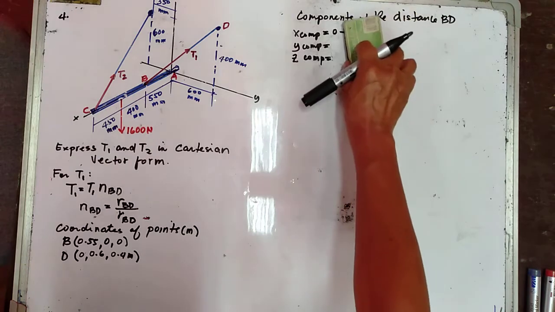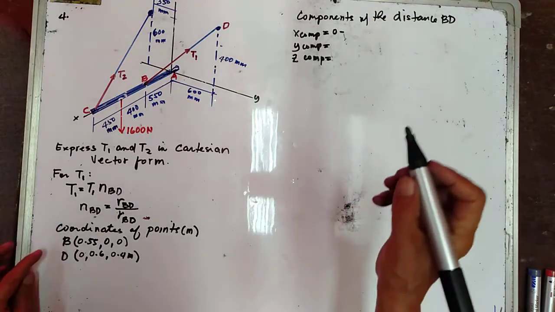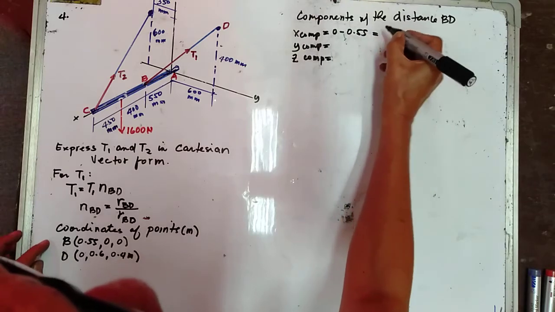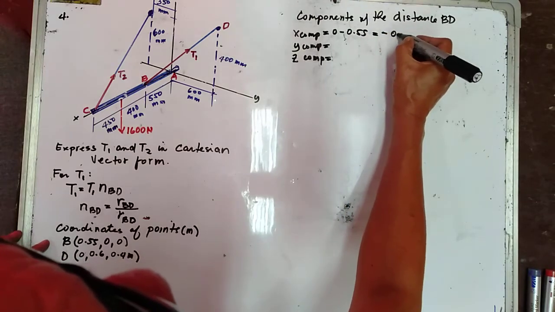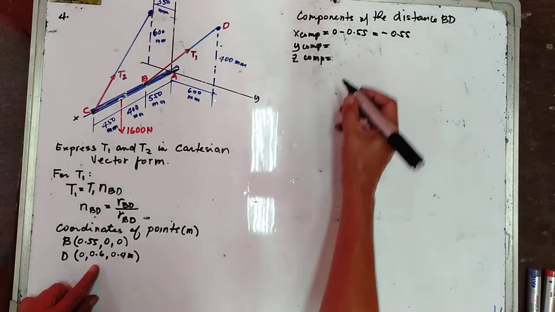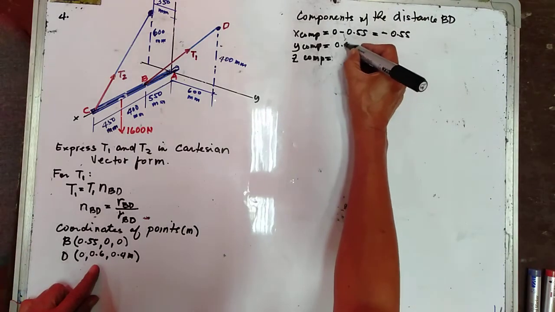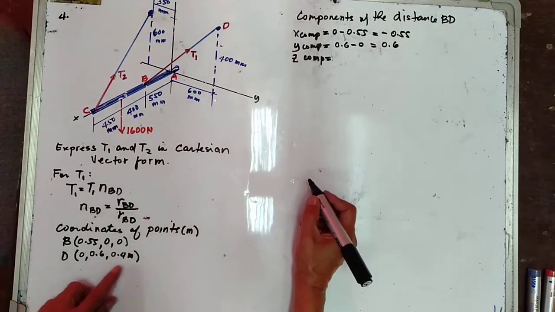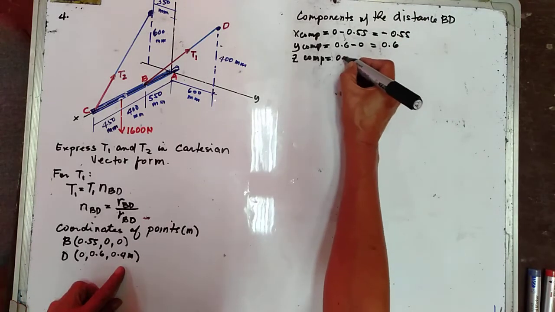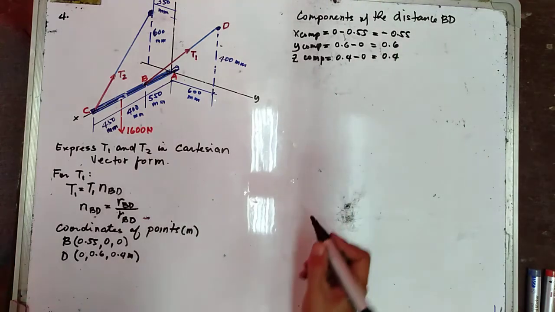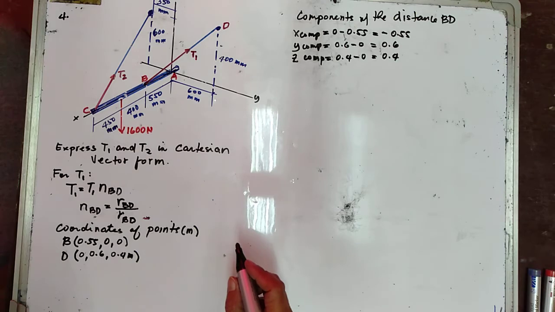Then 0 minus 0.55, so that is negative 0.55. And then we have 0.6 minus 0, so that is 0.6. And then 0.4 minus 0, so we have 0.4.